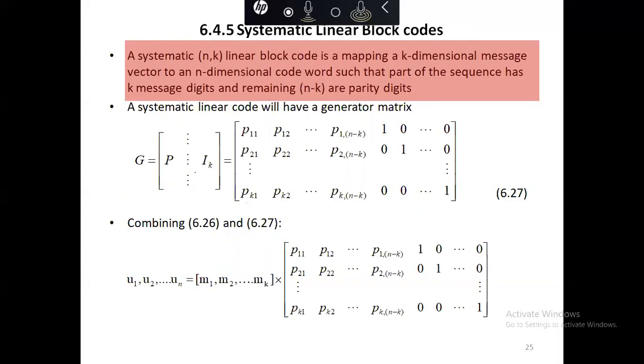We split it into 2 parts. At the end, we append the identity matrix of order k. It means it is a square matrix of order k. So the overall order of the generator matrix is still k by n.